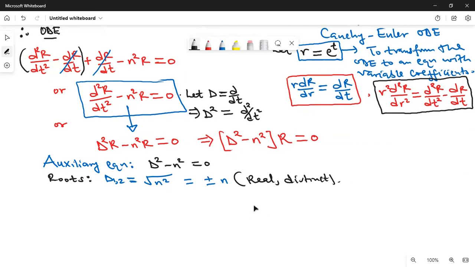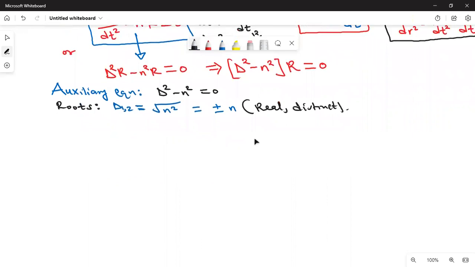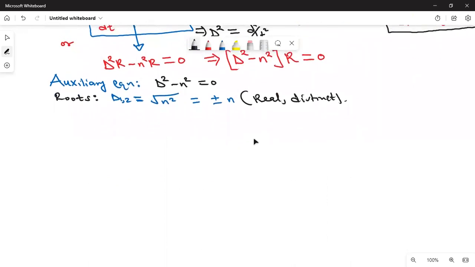So then what happens? How do we write our solution corresponding to the capital R? We are going to say that therefore, our capital R, which is now a function of t, remember, is equal to a constant, call it C1, exponential nt plus C2 exponential negative nt. How else can you write this?